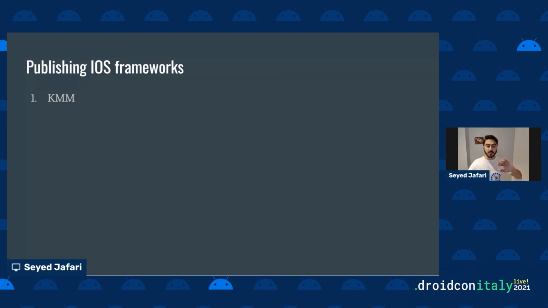I'm not going to go into very much detail of how it works because there are other talks and it's a little bit out of scope, but just be aware that the KMM plugin helps you a lot. You can also build the CocoaPod, for which there is an extension provided by Touchlab, or Swift Package Manager, which is the latest and fanciest thing for iOS folks.